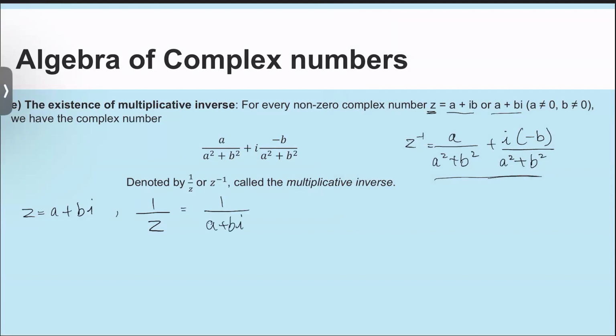If you want to write it in general terms or solve this further, this is what we normally see, but this is written in terms of z inverse, the multiplicative inverse. Just wait a minute.